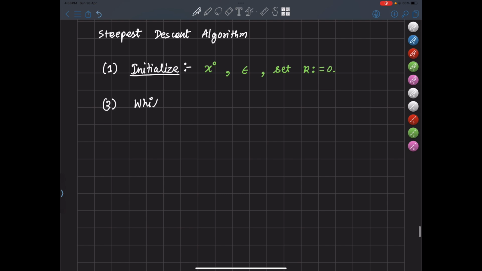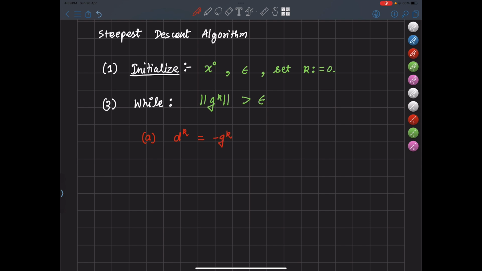The second step is the actual loop. So while the stopping condition is satisfied, that is, the norm of the gradient is greater than epsilon, if this is true, it will keep on running the loop. And then the first step is the important step, in which we select the descent direction. So what is the descent direction this time? Minus gk.